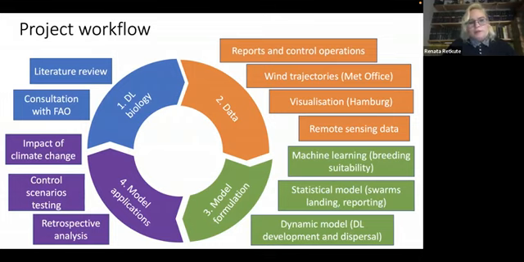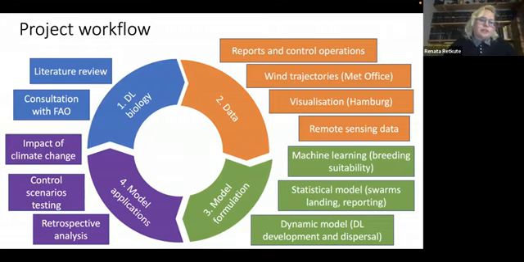We were very lucky because we started collaborating with Dr. Keith Cressman from the Food and Agriculture Organization, who is Senior Locust Forecasting Officer. No one in the world has the knowledge about locusts that he has.